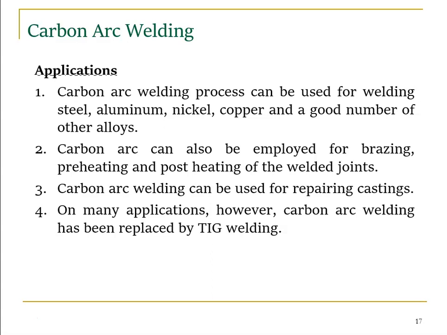We make products with the help of casting, and sometimes they may get casting defects. Those defects we can rectify with the help of carbon arc welding. In many applications, however, carbon arc welding has been replaced by TIG welding. These are some of the applications.